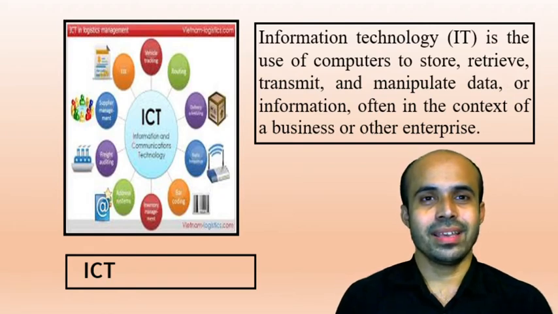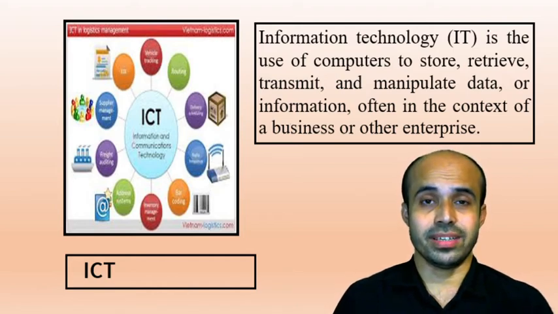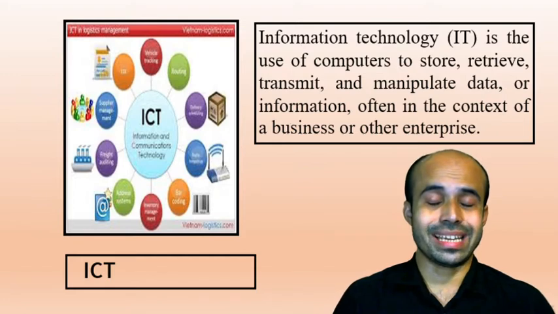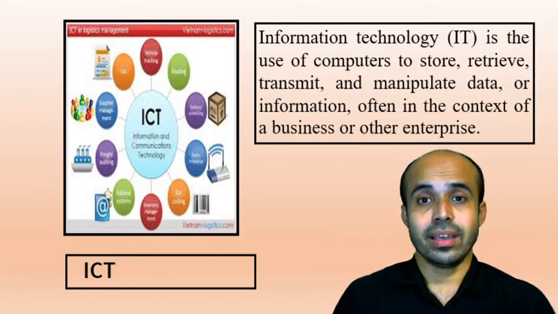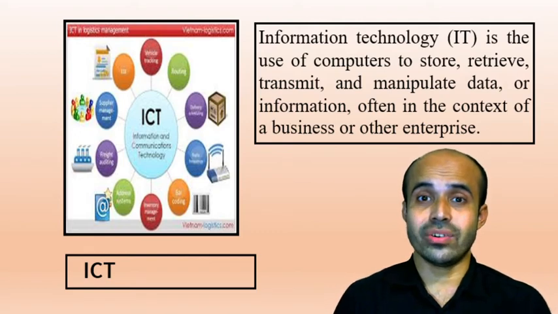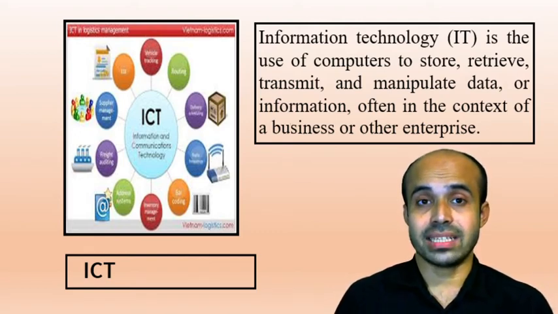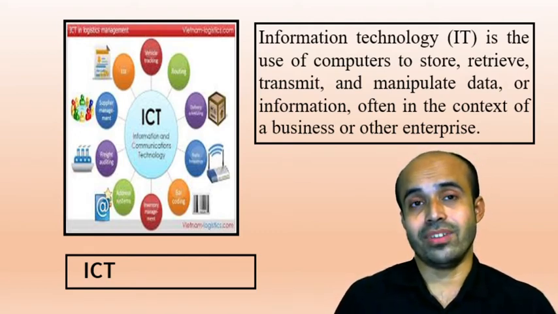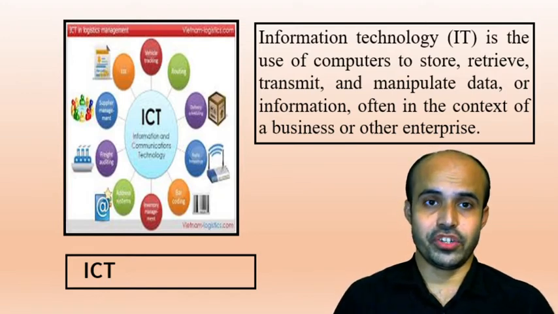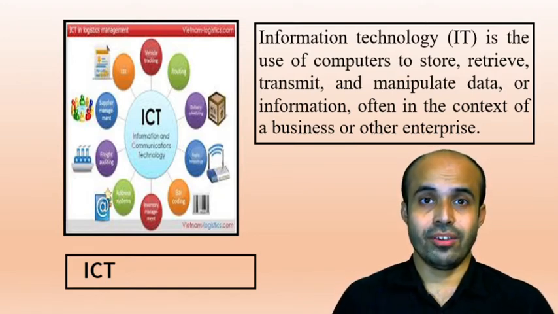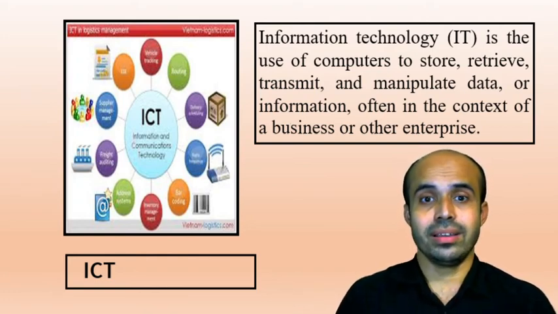So, what is information and communication technology? Then you will say, it is the use of computers to store, retrieve, transmit and manipulate data or information, often used in the context of business or enterprise.